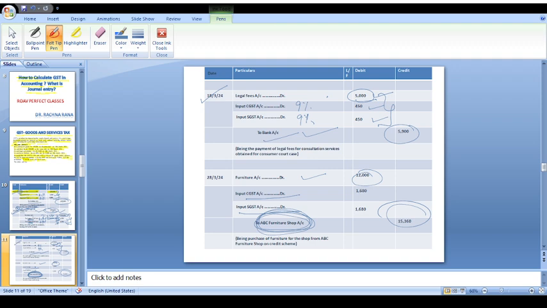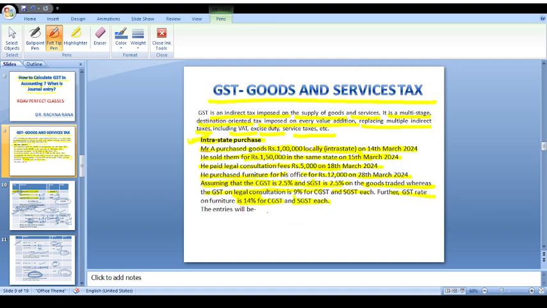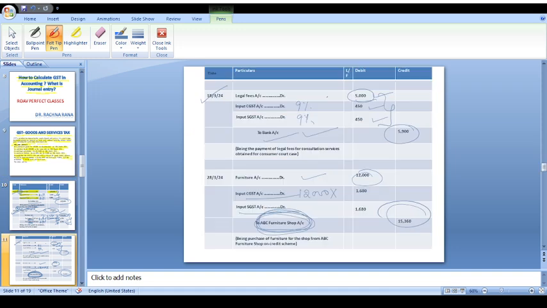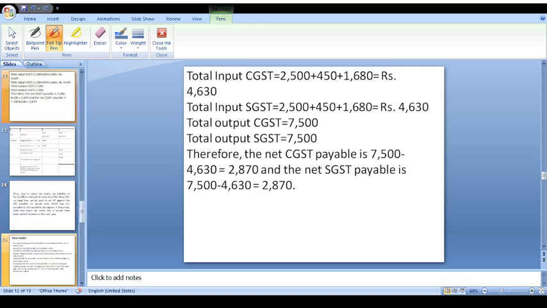We calculate 12,000 at 14%, which is equal to 1,680. After calculating all amounts, we find how much is to be paid to ABC Furniture Shop account, that is 15,360. This is the total.